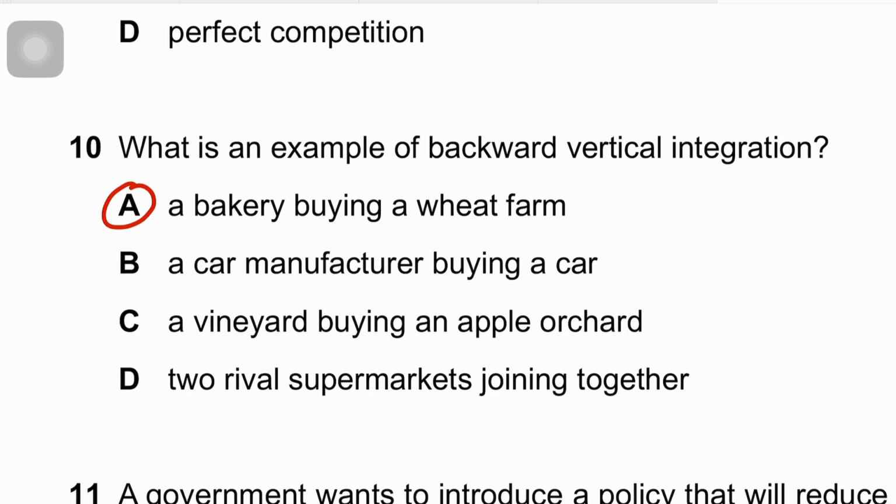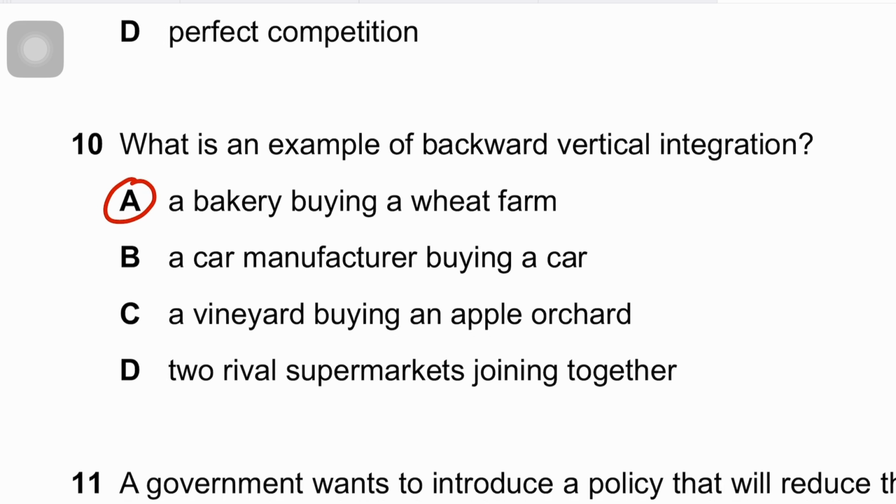And for this question, a lot of students also marked C, that is the feedback that I got, a vineyard buying an apple orchard. So a vineyard is simply you growing grapes mainly for making wine. And so if a vineyard ends up buying an apple orchard, this is not vertical backward integration, but an example of diversification. The vineyard is diversifying.